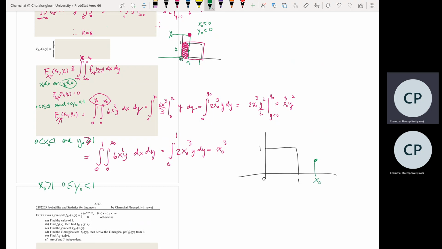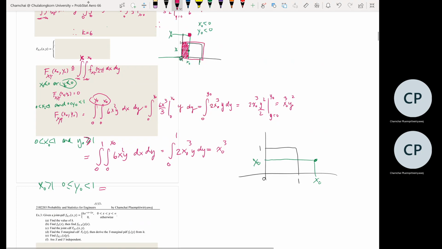This is x naught more than 1, y naught between 0 and 1. And what's the integral going to be? 0 to y naught.